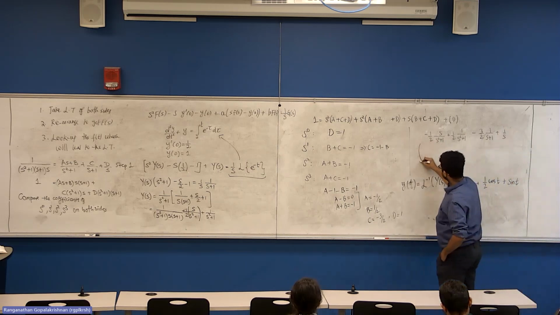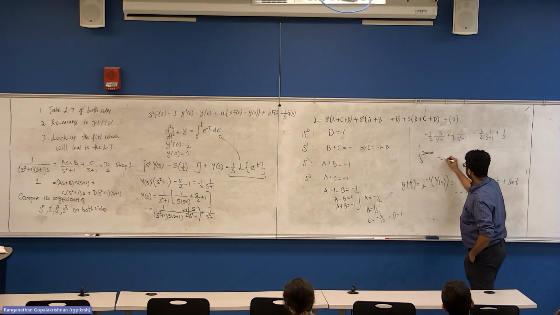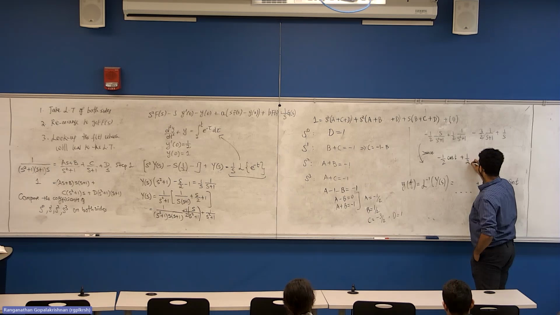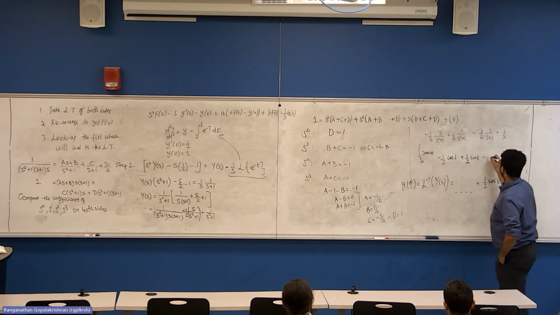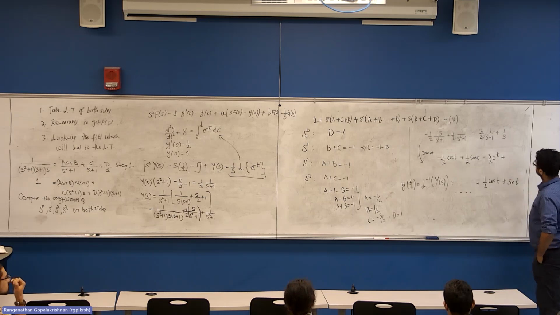So the inverse of this would be minus half cos t plus half sin t minus 3 by 2 e power minus t plus, what is 1 over s? 1.